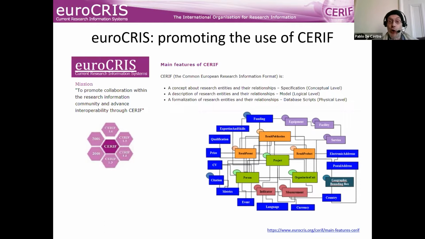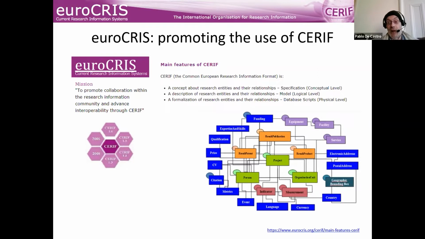The so-called core entities or main entities are shown in green on this diagram, and they comprise three main entities, namely person, which is the researcher; organization, which is the university, the research center, faculty, department, research group, even where a given researcher works, so connected.